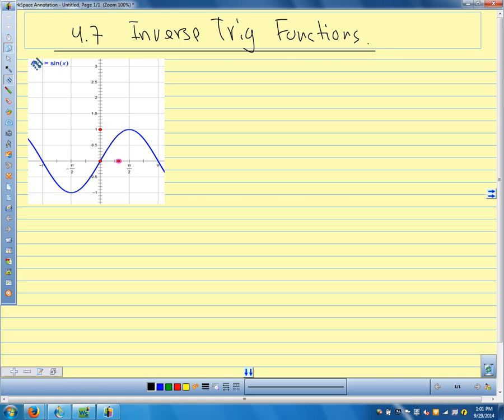Would this function, the way I've graphed it, have an inverse? So I have this graph of y equals sine x. Would that function have an inverse?